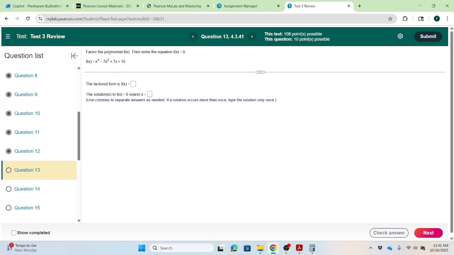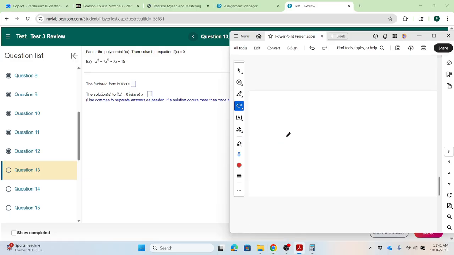Okay, so factor the polynomial function, then solve the equation f of x equals 0. So how do you factor the polynomial function? To factor I need to find the zeros.